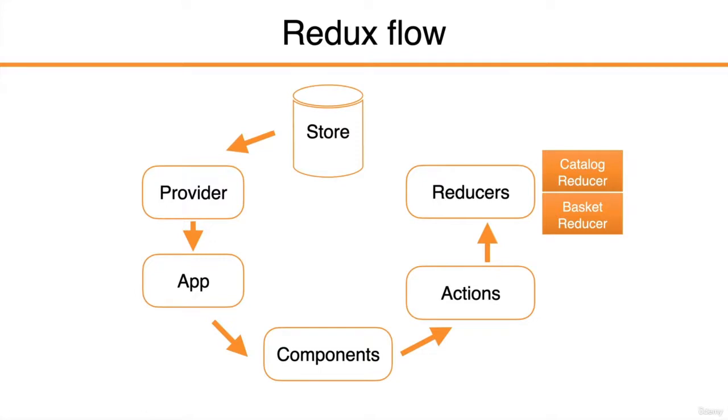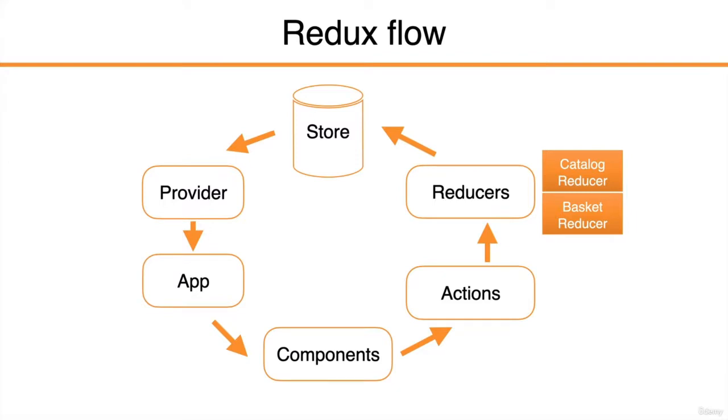For example, we could have a catalog reducer and a basket reducer, and those are the reducers that we'll be creating. And then we go and update our store, which is provided to our app, which then re-renders any components. And again, if we want to update the state, then we dispatch an action to our reducers, which update the store, and so on and so forth. And that's the flow of what we're doing here.